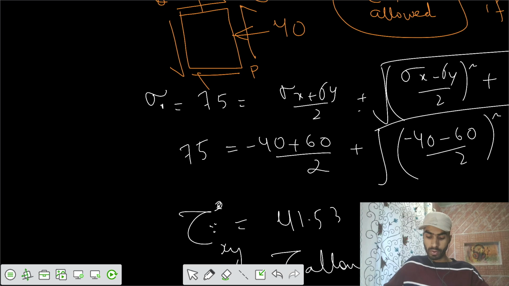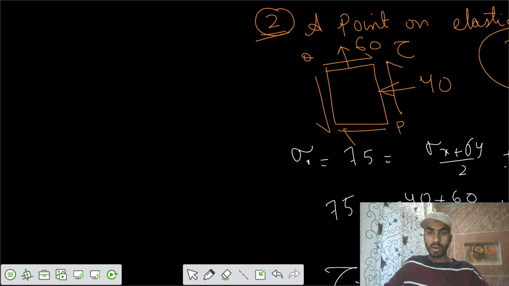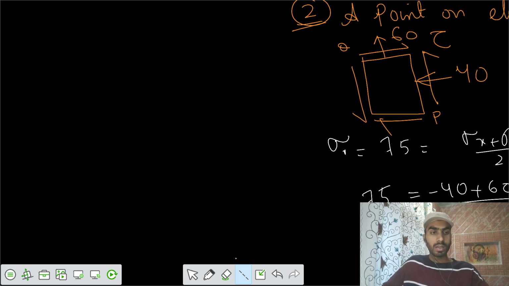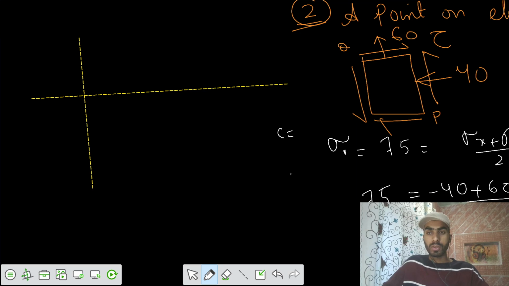If you want to see why, let's draw Mohr's circle. We have the center equal to 60 plus 40 divided by 2, that's 10. So 10 is somewhere here, and this is the center.